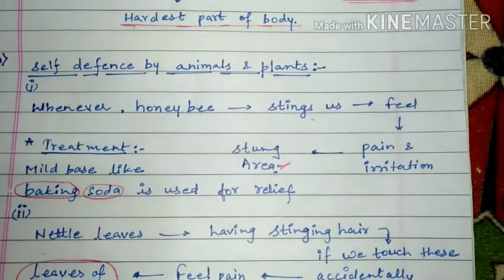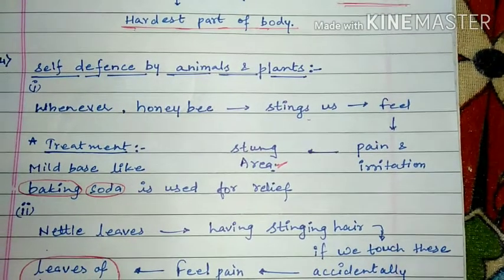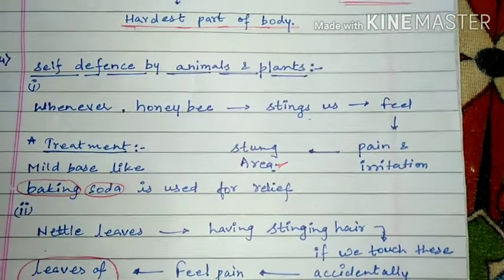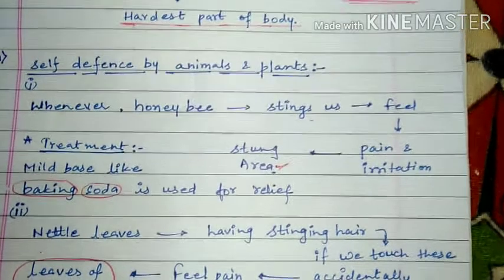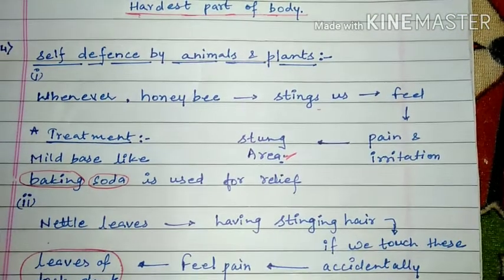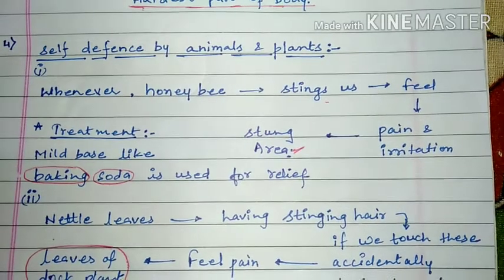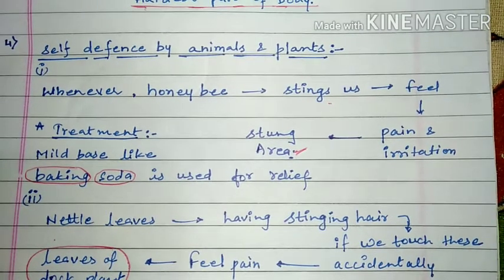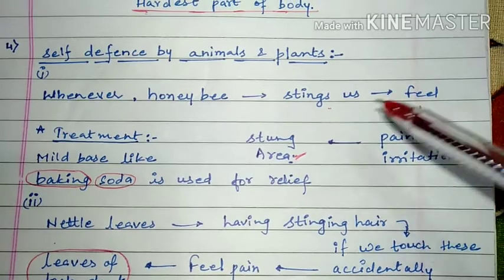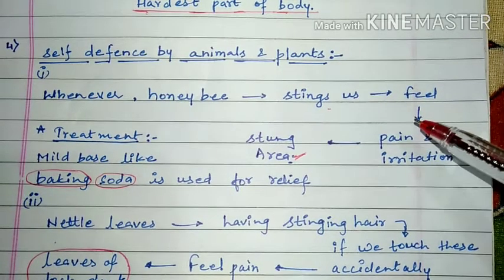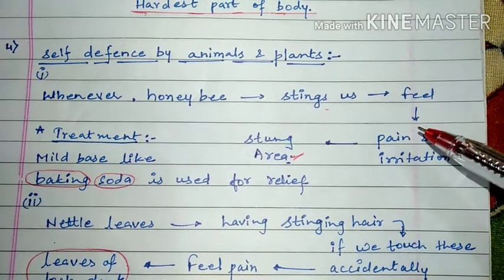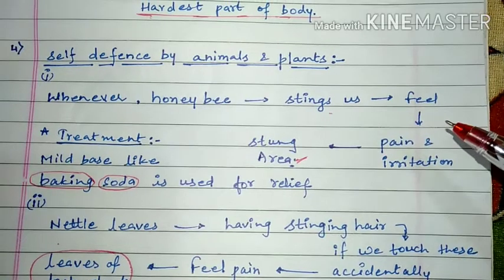Why? Because, as I have told you earlier, iron is a kind of metal, and iron oxide is basic in nature. That basic nature of iron oxide can neutralize the acid released by the bee, and because of that we get relief. Clear?